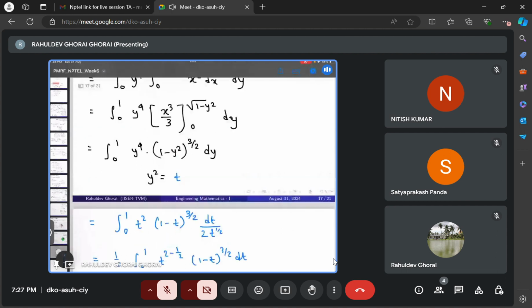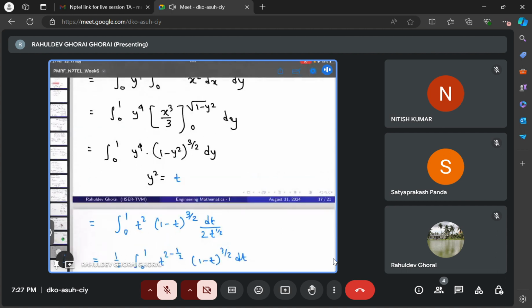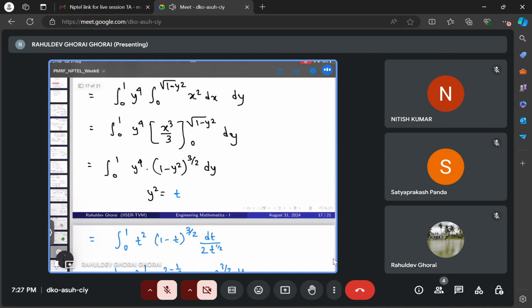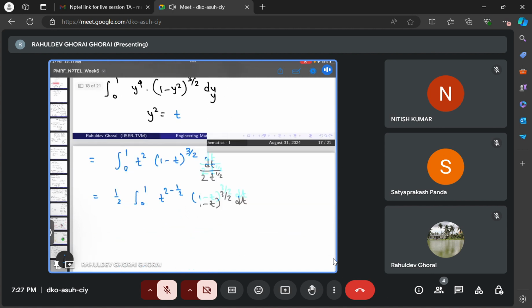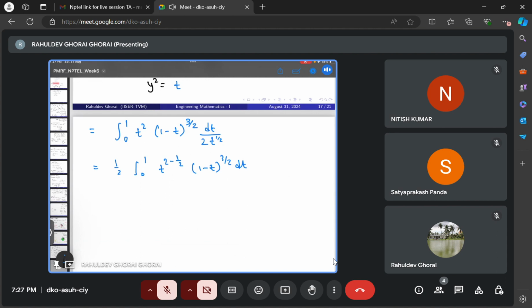Y will be square root of t, 2y dy will be dt, so dy is dt over 2 times y. Y square is t square... 1 minus y square to the power 3 over 2. Everything is okay, right? Let's do it and then we'll understand whether we have found any mistake.